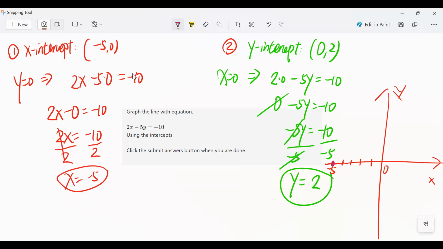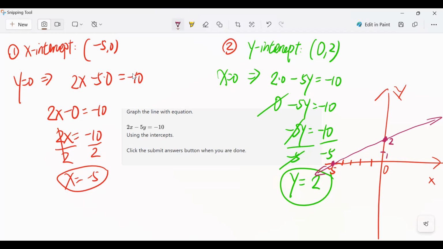The x-intercept is on the x-axis, and the y-intercept is on the y-axis, 0, -2. Then connect them, extend in both directions, and we get a line.